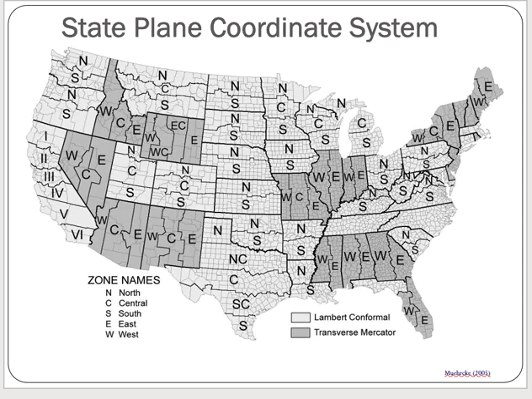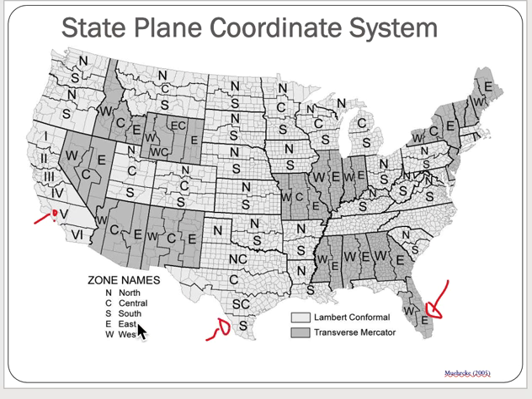So we can see here, for example, if you are in Los Angeles, you will be using the state plane coordinate system zone 5. You'll be using zone 5. You won't be using Florida zone east. And in Texas, for example, you would want to use zone S for south.